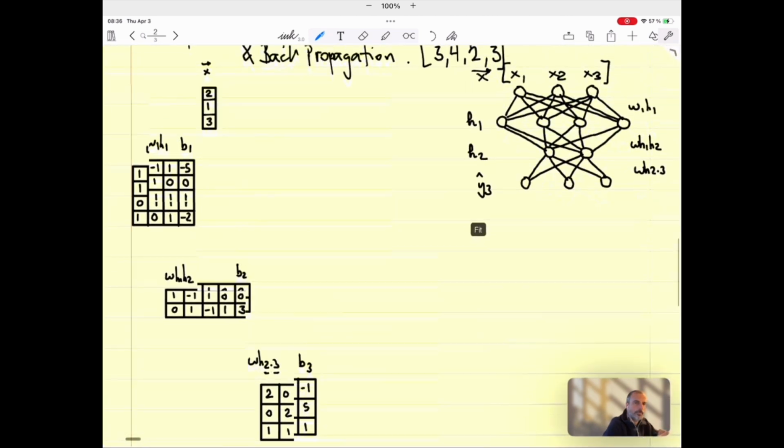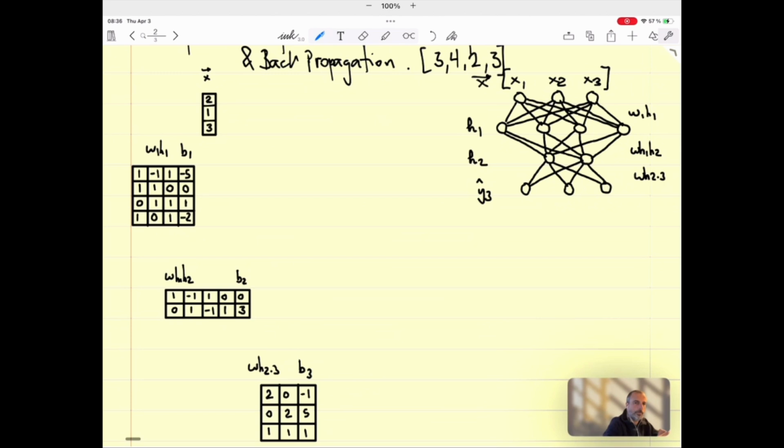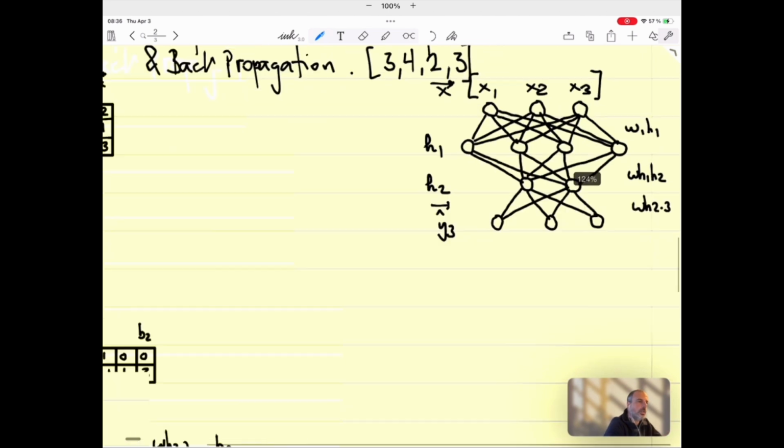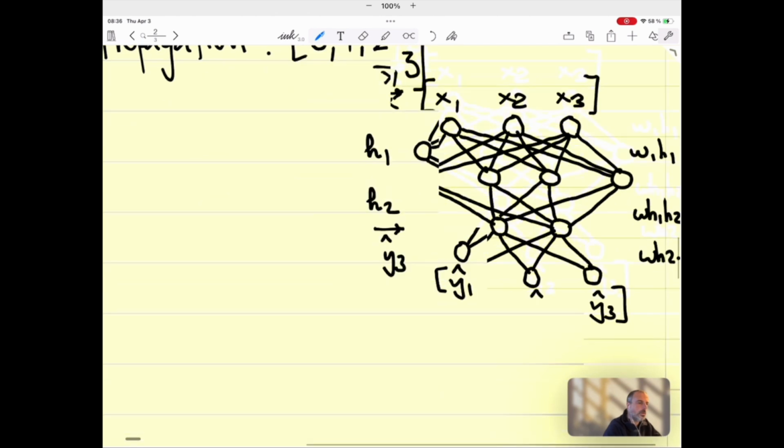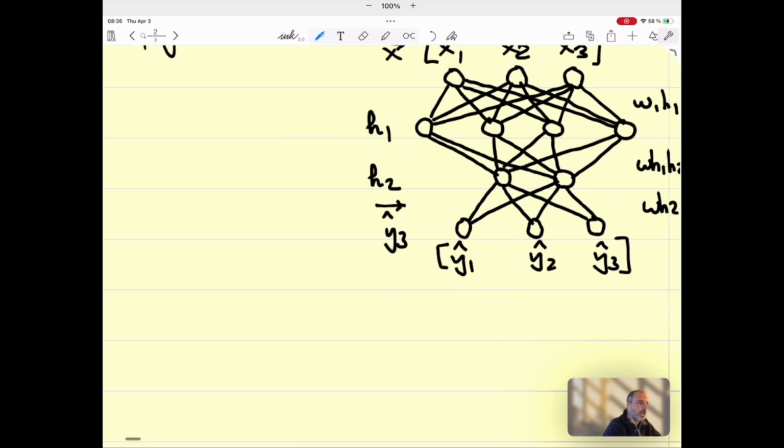Okay, I forgot to say that our expectation vector, so this is going to be like y1, y2, y3 with the hat, and our expectation vector is 0, 1, and 0.